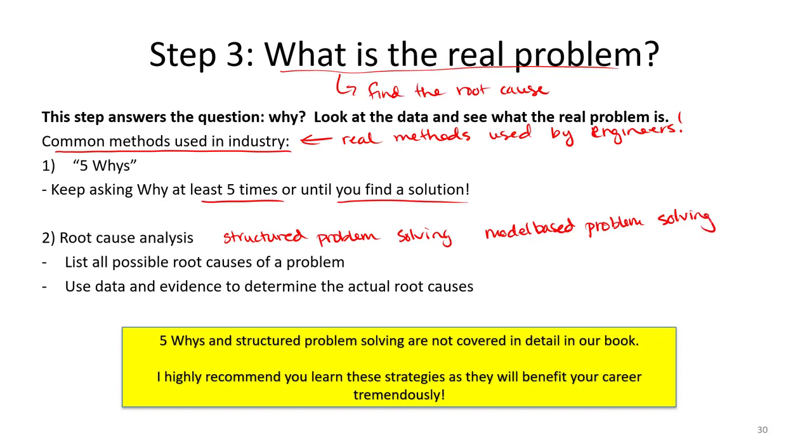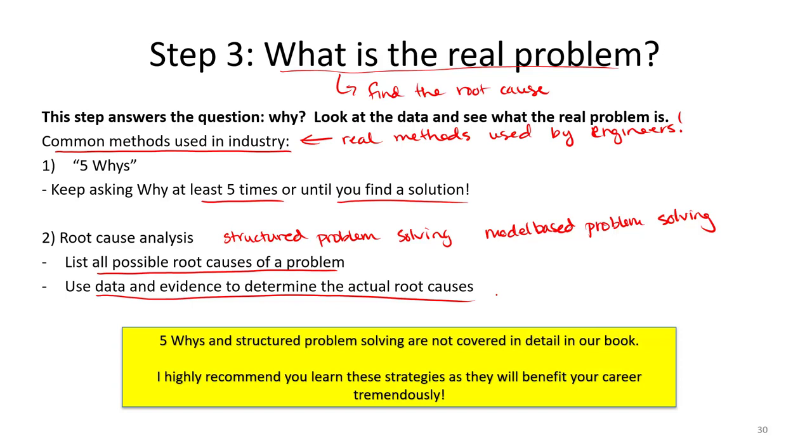And in this approach, you do almost a little bit of detective work. The idea is that you list all the possible root causes of the problem, anything you can think of. You list anything that could have possibly caused that problem, and then you use data and evidence to determine the actual root causes.